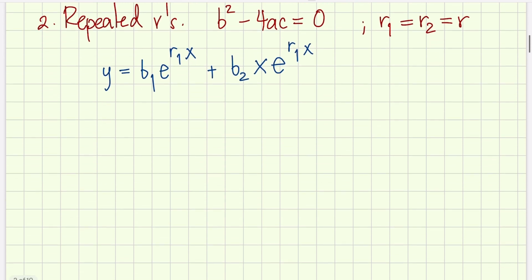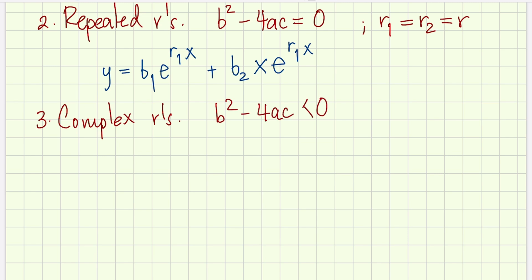And the third one is the complex roots, which is b squared minus 4ac less than 0. You get two roots. Let's say r1 is equal to a plus bi, and r2 is a minus bi.